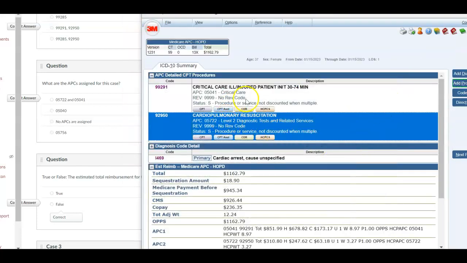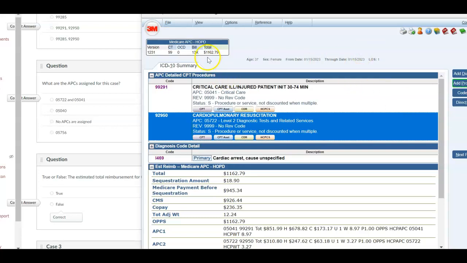So right here, we have the APC 5041. And then if we come down here for this APC, we have 5722. Remember, you can have more than one APC. It's different than MS-DRG. MS-DRGs you can only have one. For APCs, you can have more.